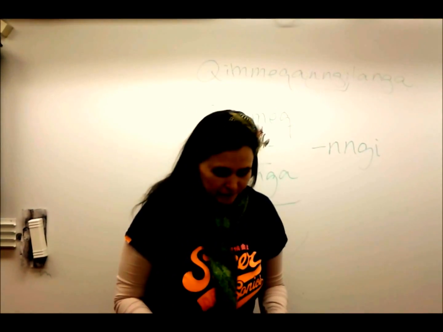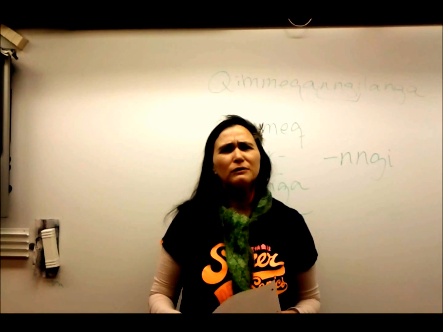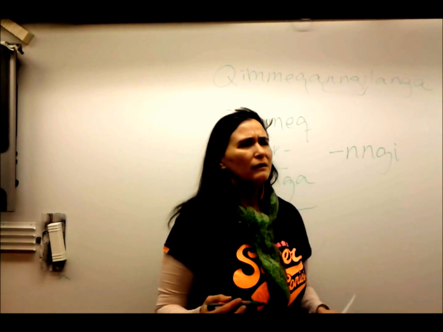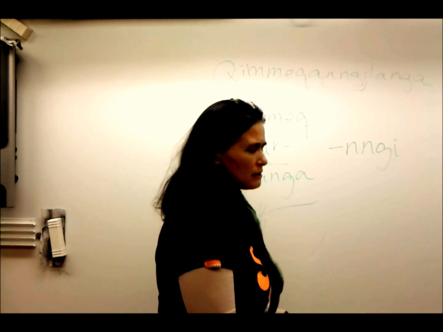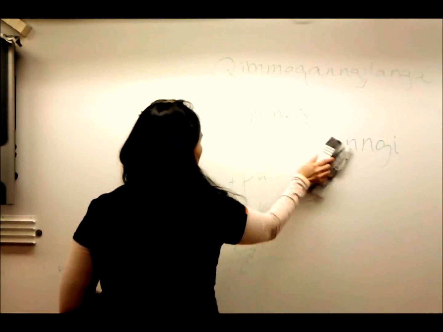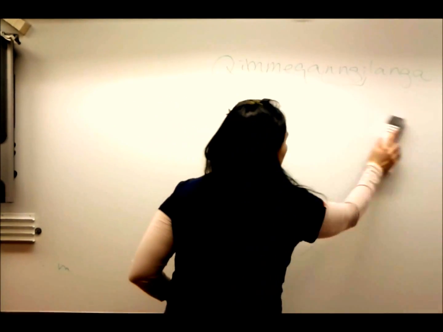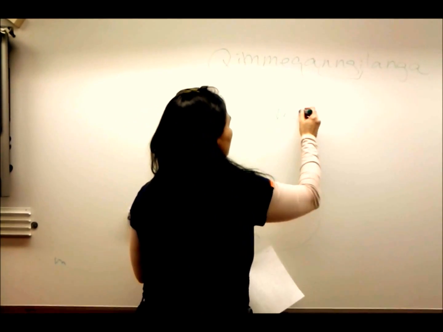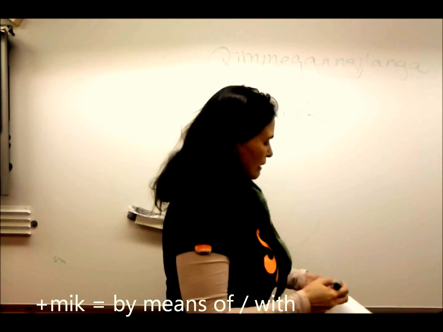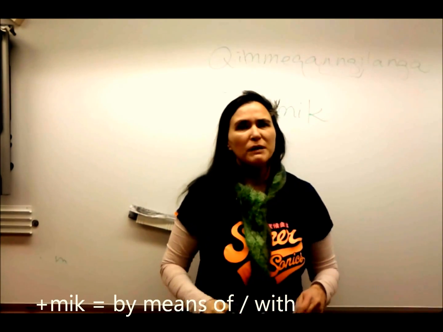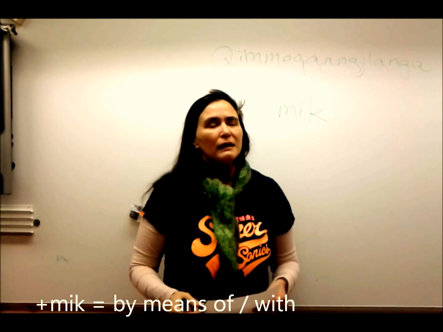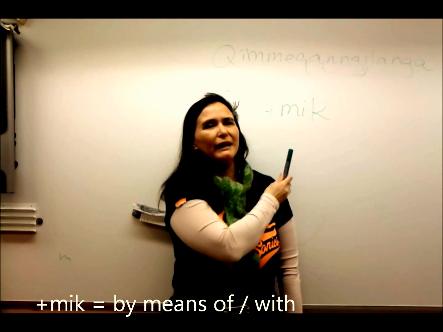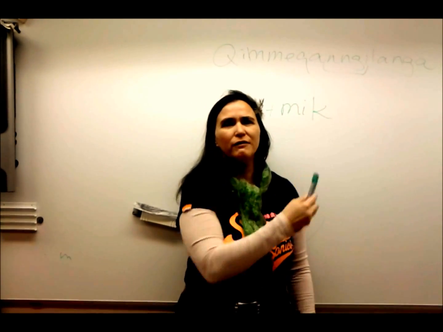And maybe you will notice that often you see this ending. You will often see this -mik. And this is something special to Greenlandic, and it can be translated to something like by means of.